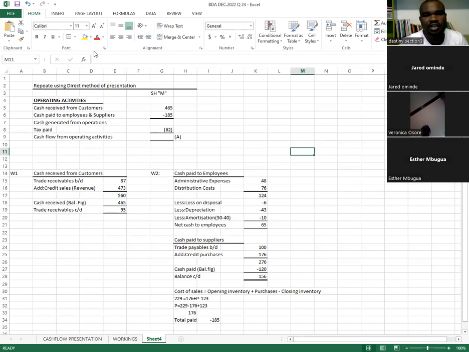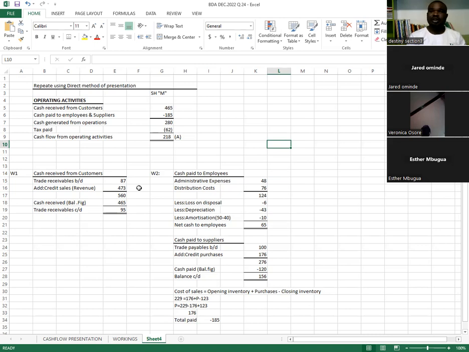So cash generated from operations is equal to this plus this one here, 280. So 280 minus that, plus the tax, you get 218. Is 218 what we got on the other side for A? Yes. So it means we are very much accurate. So that is how you do the direct method.